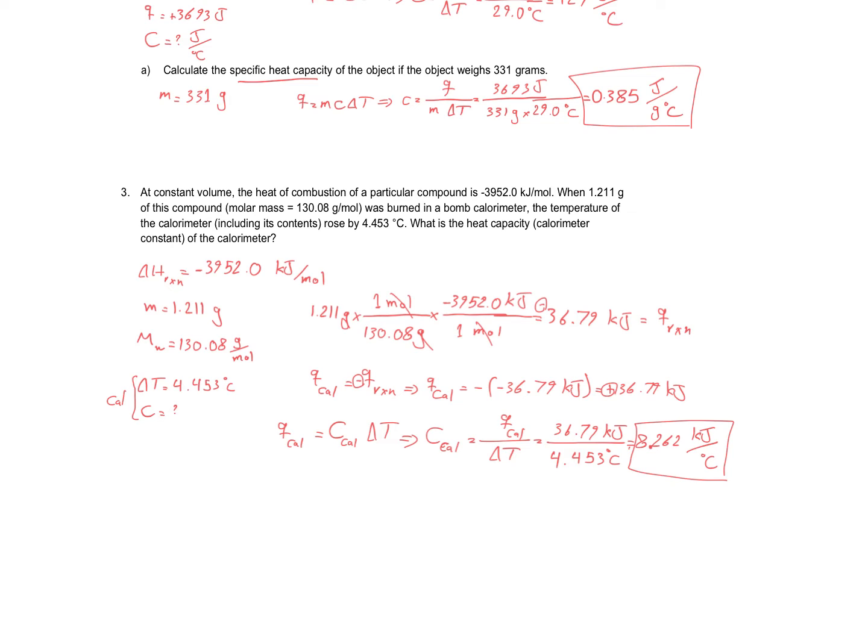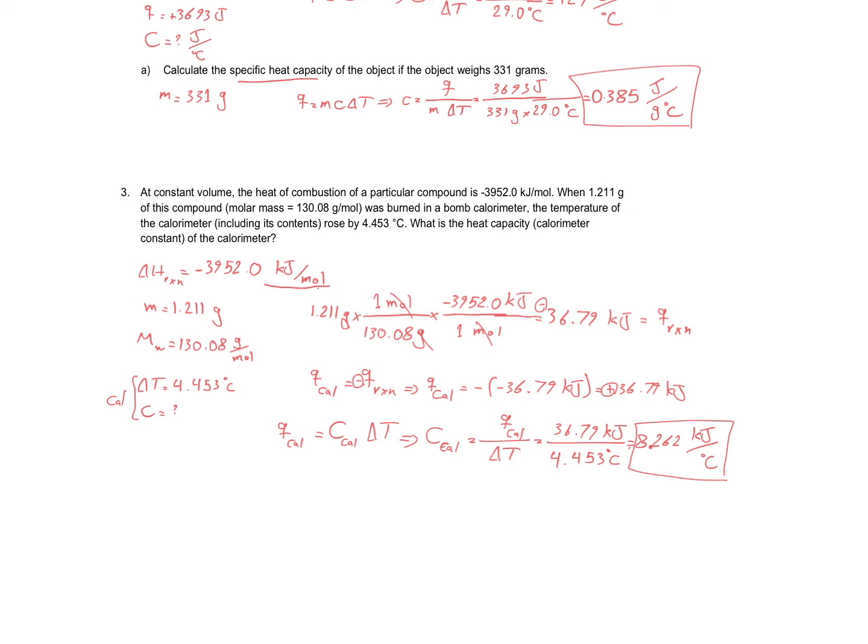You have the molar mass, you convert the mass to mole, and then you have this enthalpy. We've learned this in thermochemical equation. The enthalpy relates the kilojoule or joule to the mole, so you can go from mole to joule or kilojoule. So we know the amount of heat for that specific mass of the compound.